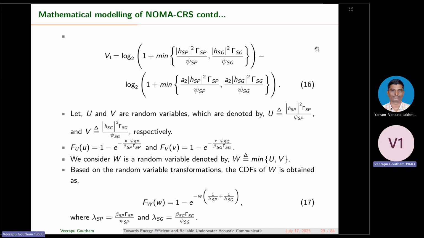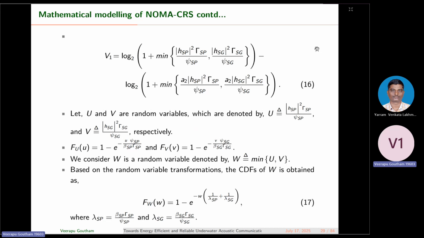Now, what we are going to do is find the probability density function for the minimum of these two. Okay, first we are considering this one as the random variable U and this one as the random variable V. Okay, here mod HSD is a rate limiting coefficient. Mod square follows the exponential probability distribution.